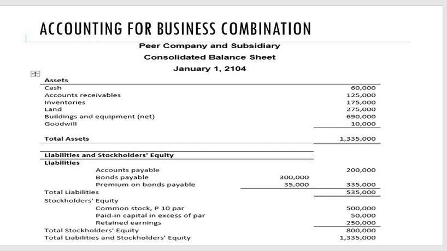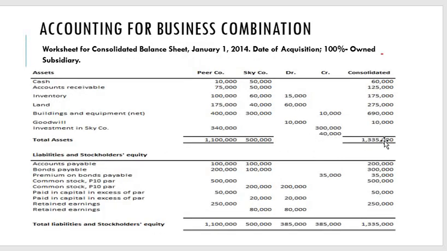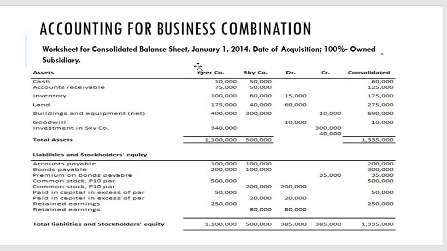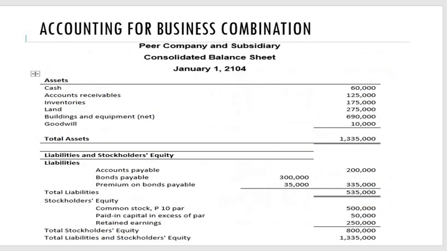Our total assets are 1,335,000 and total liabilities and shareholders' equity are 1,335,000. Okay, so this is our presentation for the consolidated balance sheet. It would be easier if we prepare a worksheet, and it is also easier to prepare the working paper eliminating entries.